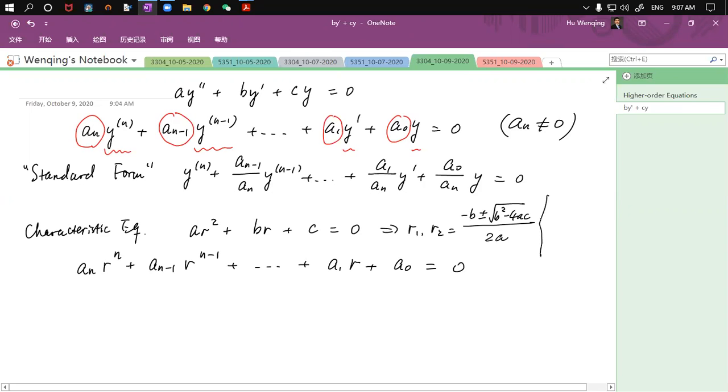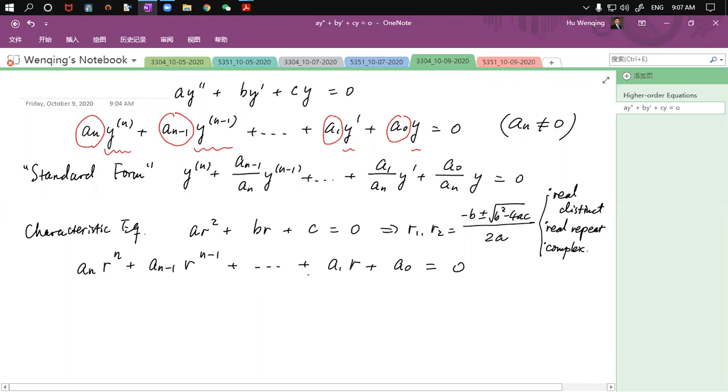Based on that, we've been discussing 3 different cases: the real distinct root case, the real repeated root case, and the complex root case. In the 3 different cases, you're going to have different formulas for the fundamental solutions.